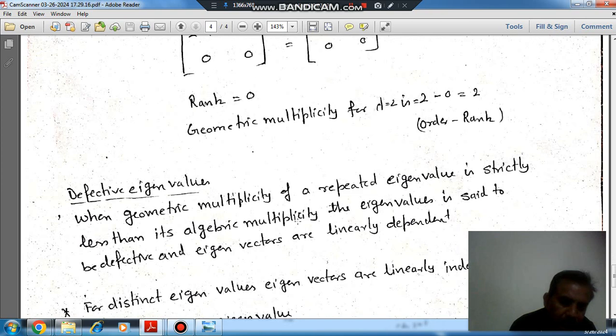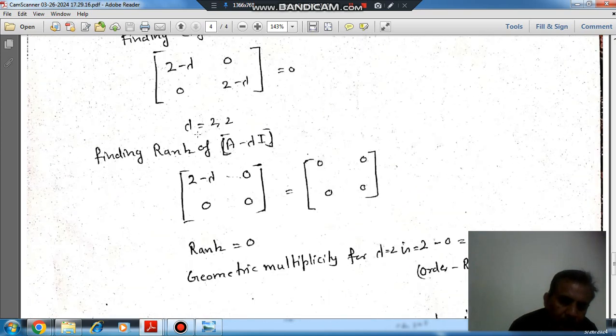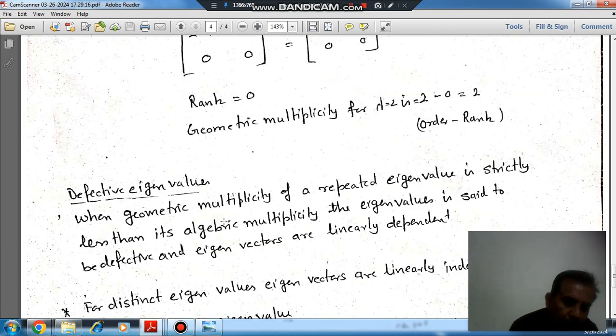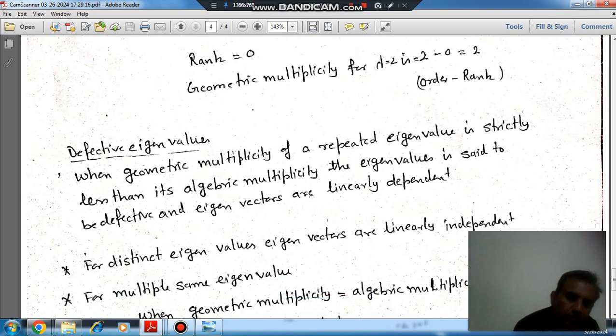So when the geometric multiplicity of a repeated eigenvalue is strictly less than its algebraic multiplicity, then the eigenvalue is said to be defective. Here both are equal, algebraic multiplicity is 2 and geometric multiplicity is 2, so that is not defective.